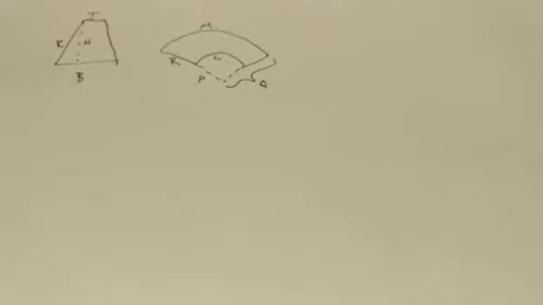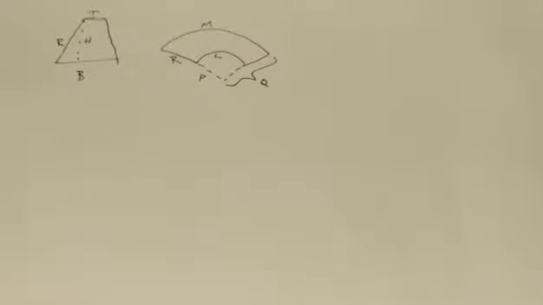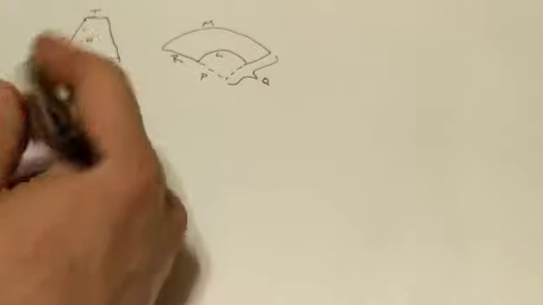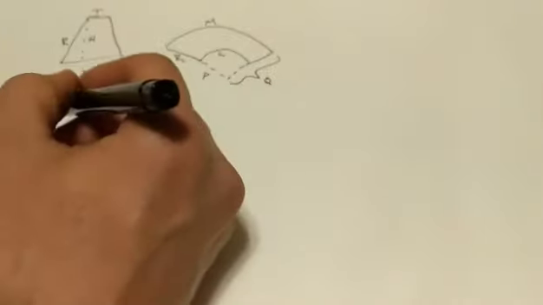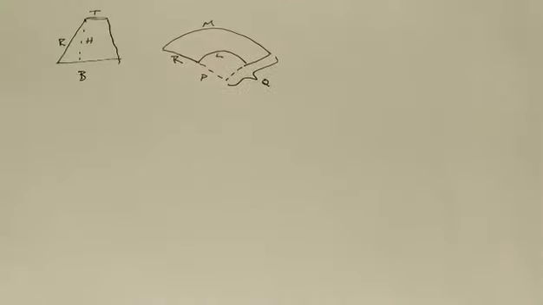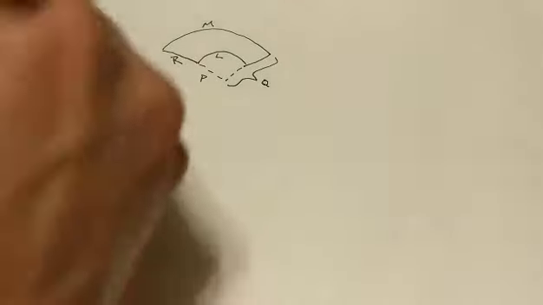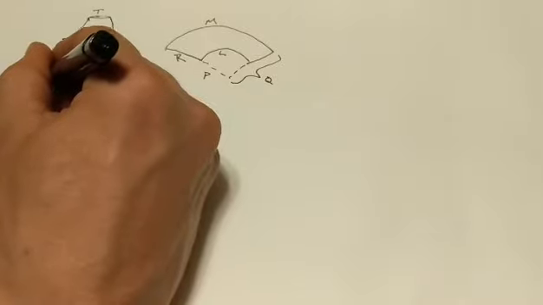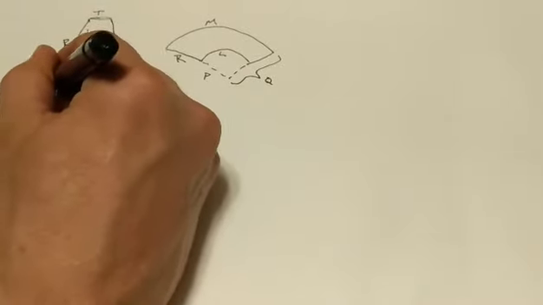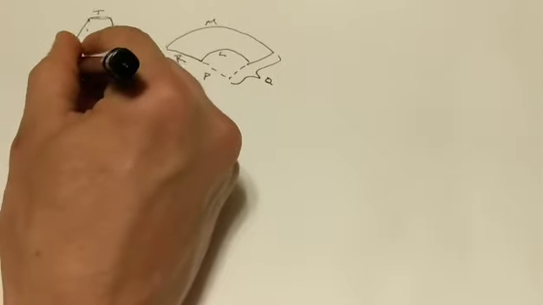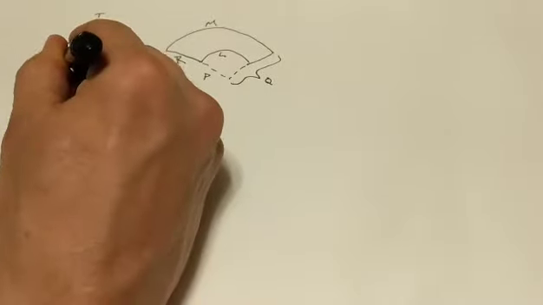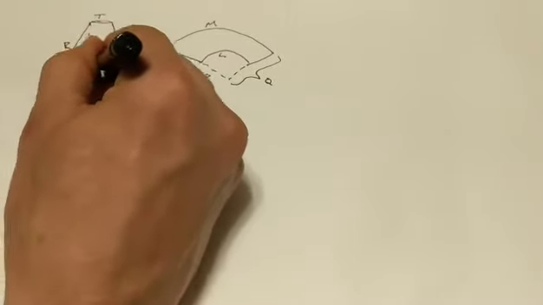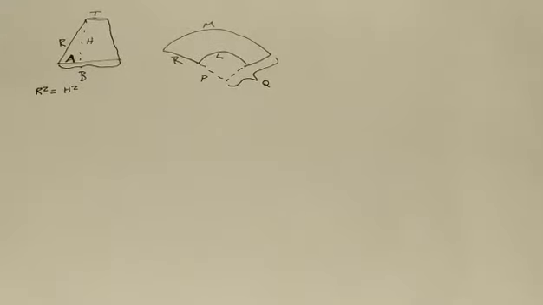Okay, so first to find R, over here, we know that this is a right triangle, so we can find R through the Pythagorean theorem, which is a squared plus b squared equals c squared. But in this case, we need to solve for R, so R squared is equal to H squared, and we'll need the value of A here, which is just that small value there.